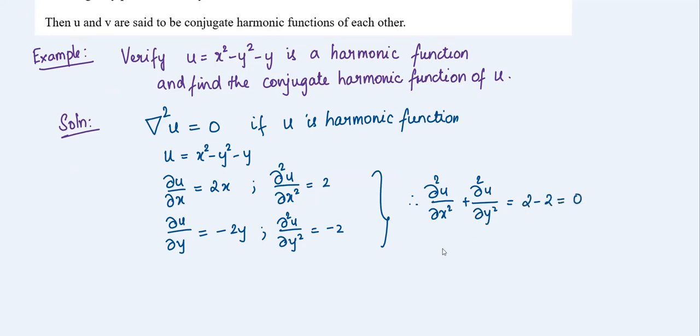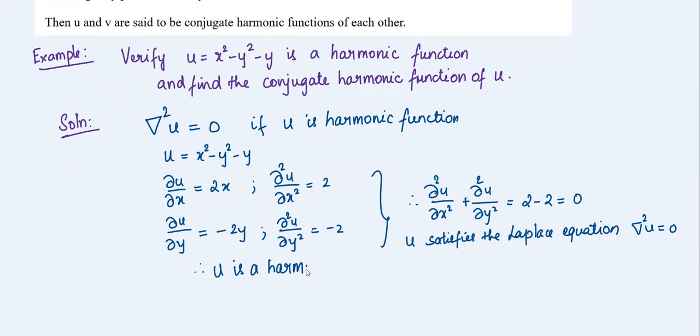So U satisfies the Laplace equation, that is del square u equal to 0. So u is a harmonic function.